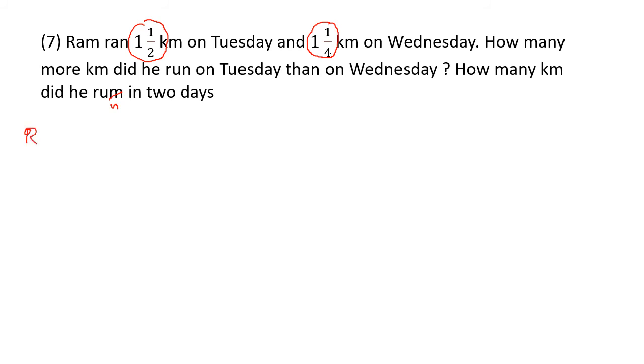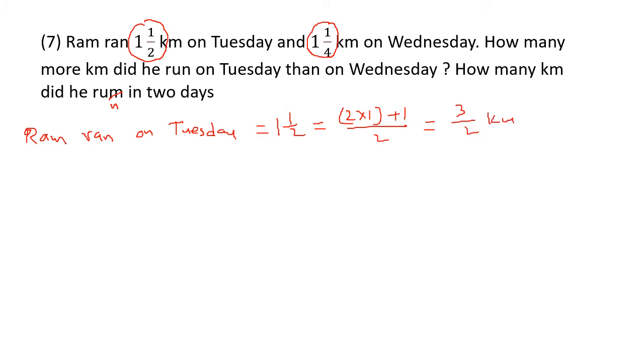So Ram ran on Tuesday is equal to 1 whole and 1 by 2. Let me convert into improper fraction. 2 multiplied by 1 plus 1 divided by 2. That is 3 over 2 kilometer.